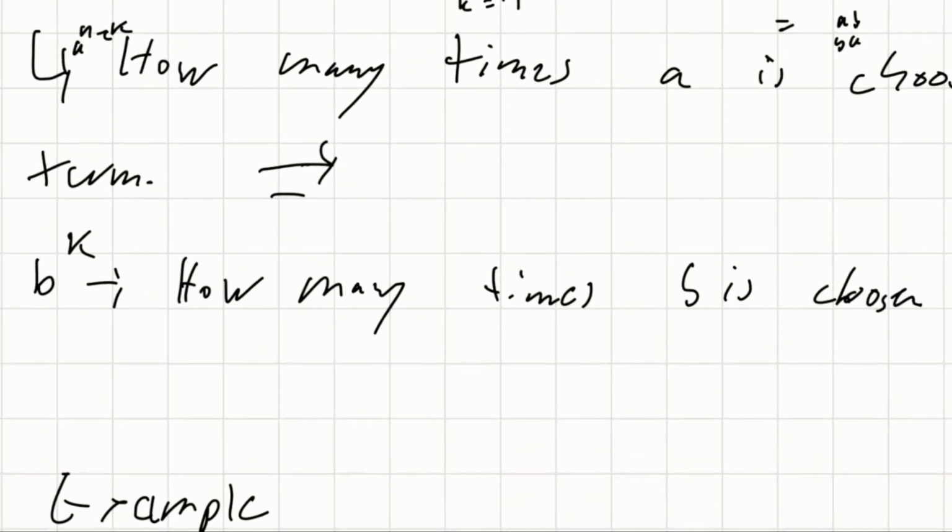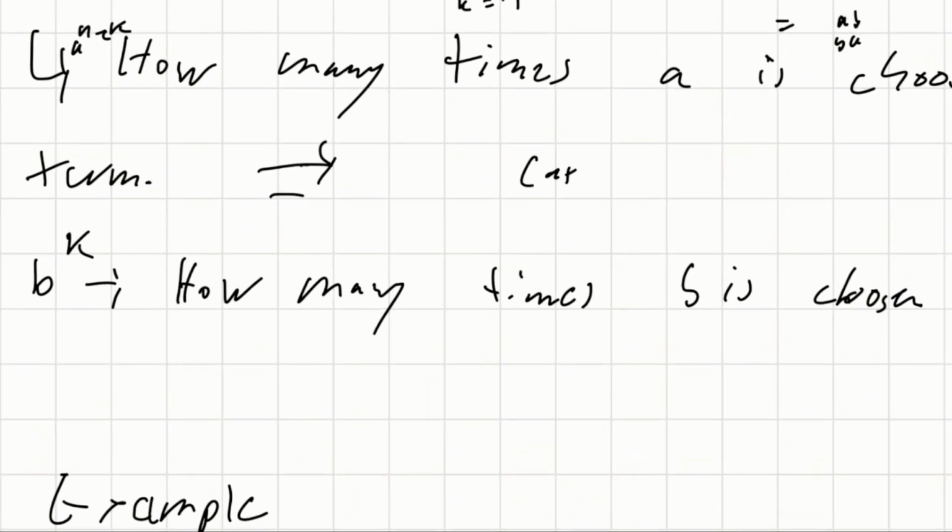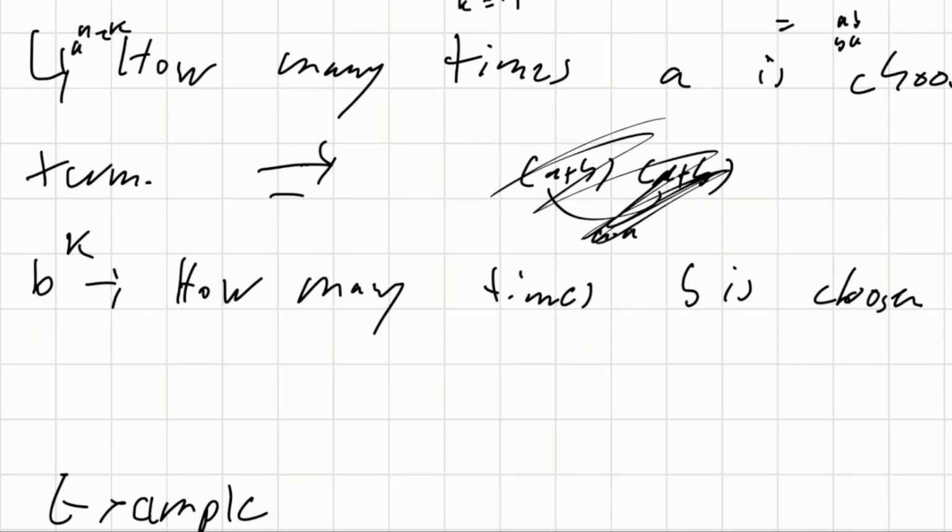Just think of a form like this, where you have to combine 2 at a time, exactly 2. There always have to be 2 elements which are going to be combined.